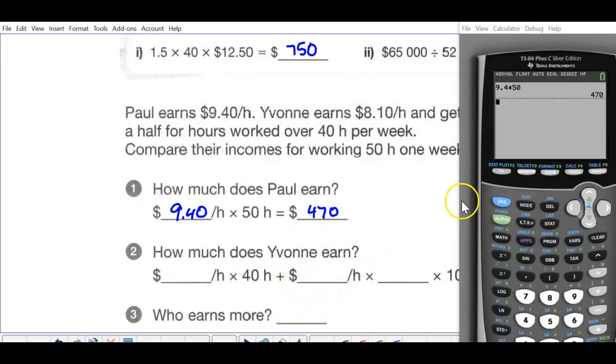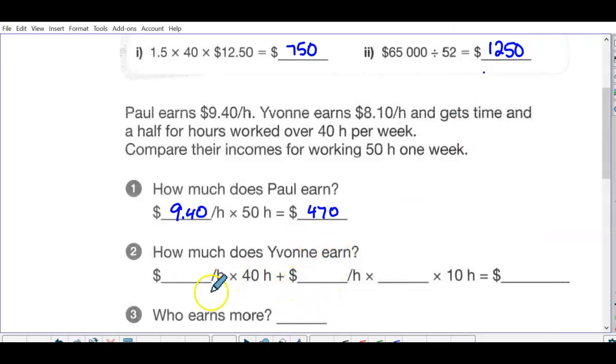How much does Yvonne earn? Okay, so she earns $8.10 per hour for 40 hours. Okay, so I tend to show this in 2 steps. And then she has 10, so when we subtract 40 here, we get 10 overtime hours.